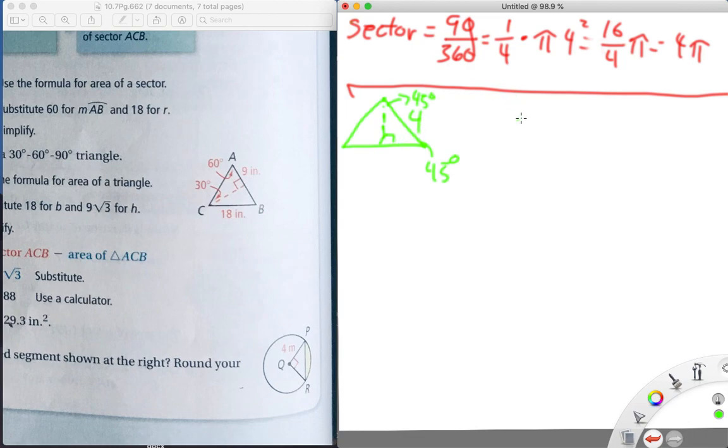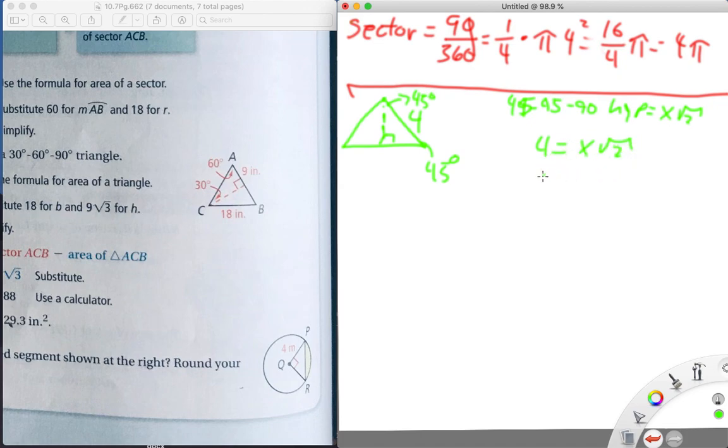If you remember for 45-45-90, the hypotenuse is equal to the leg times the square root of 2. So in this case, 4 equals x times the square root of 2.